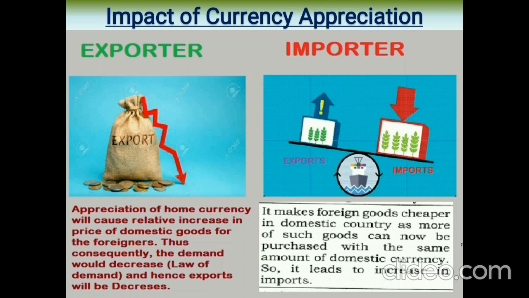On the other hand, we can take the exporter part also. Appreciation of home currency will cause a relative increase in the price of domestic goods for the foreigners. Thus, consequently, the demand would decrease as the law of demand is applicable, and hence exports will decrease. It simply means both move in opposite directions, and the impact is also vice versa.